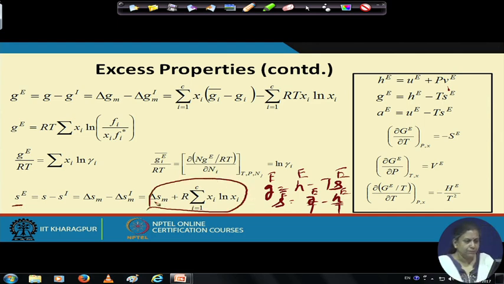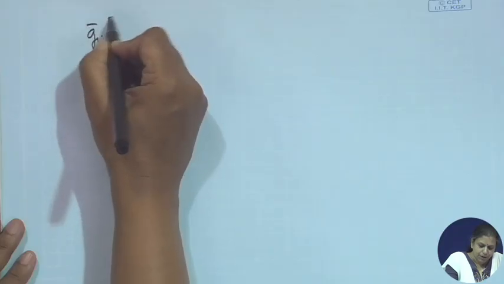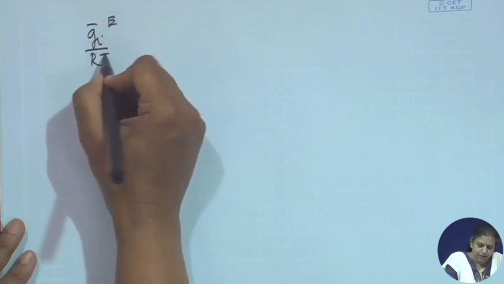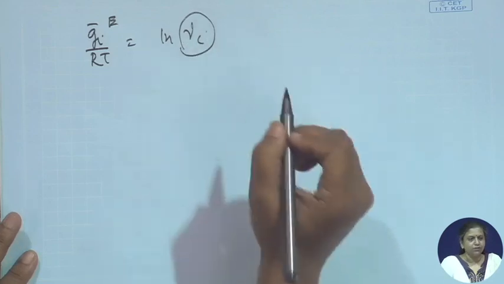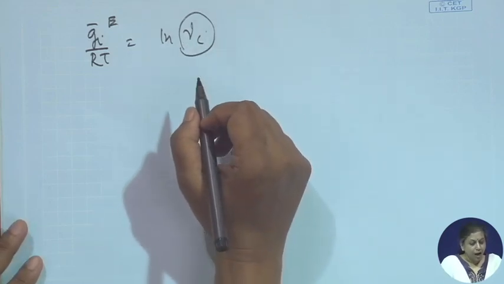So, therefore, the interesting part which we found out, the first thing which we found out, is that definitely G i bar E by RT equals ln gamma i. Gamma should also be related to other excess properties. How is it related?